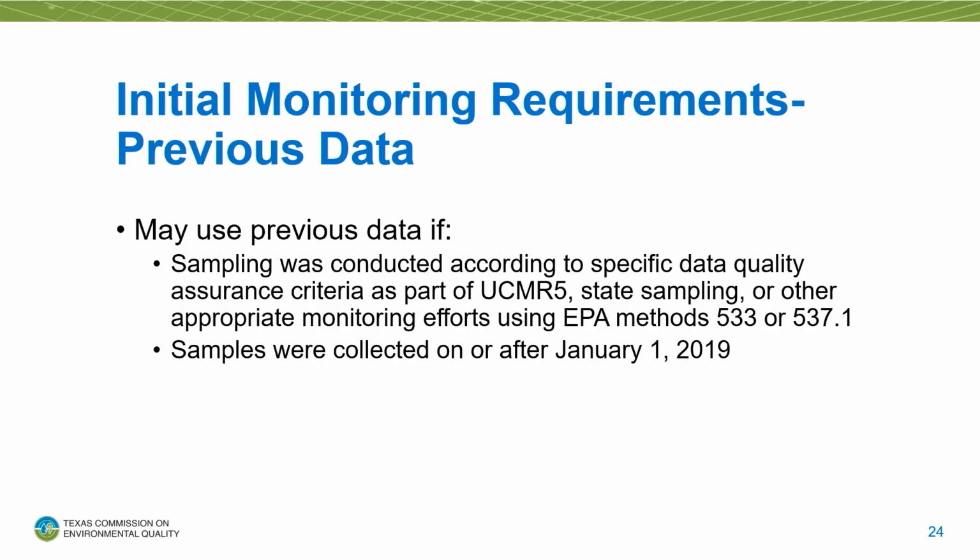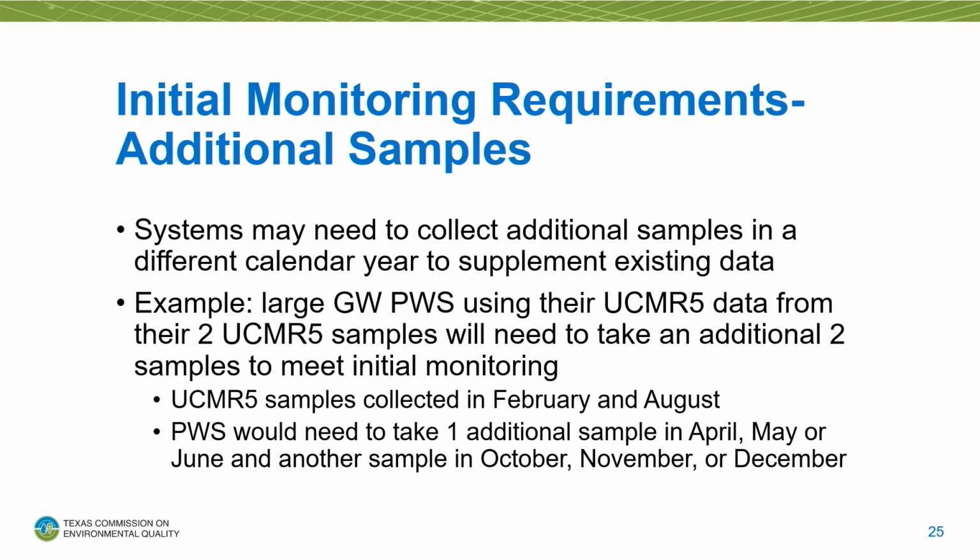And those samples would need to be collected on or after January 1st of 2019 is the earliest those could be collected. So for systems that are wanting to use UCMR5 data for initial monitoring, some systems may need to collect additional samples.